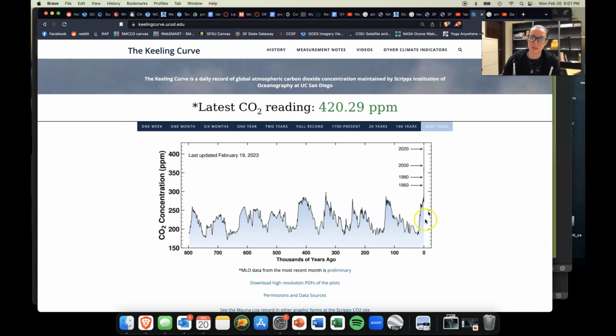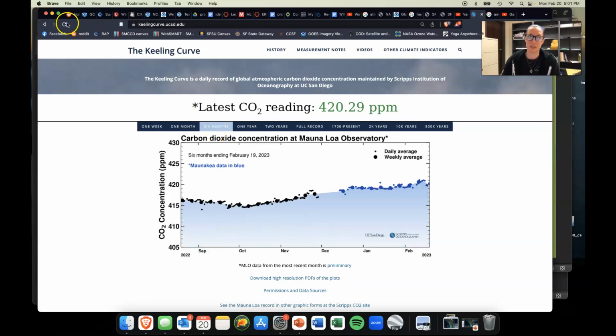So because of that, we have a pretty dang accurate representation of CO2 concentrations, and we can see that we haven't had CO2 this high in the past 800,000 years. So could be of concern.